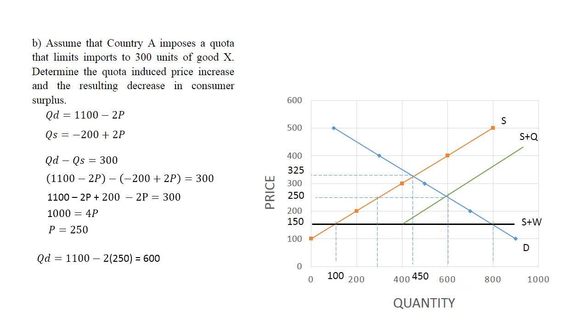And then quantity supplied, you have to do the same thing: just use this price and substitute it into your supply function, then you will get 300. So this is our quantity supplied. Okay, so how many imports? 600 minus 300, then you will get the number of imports.